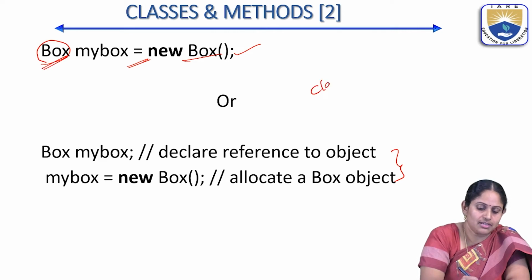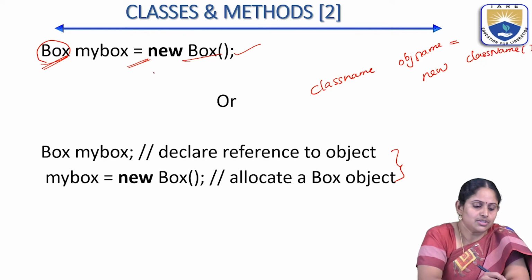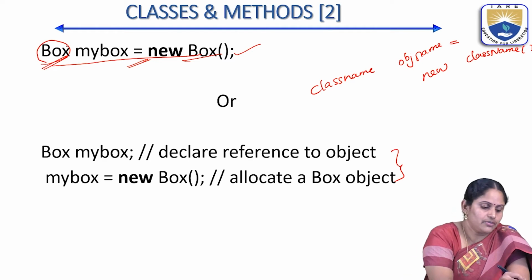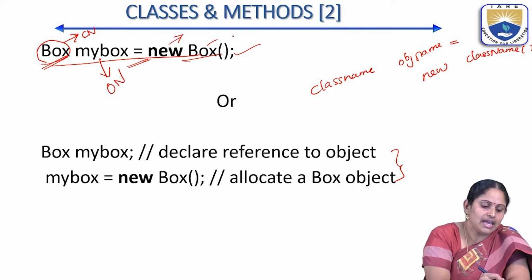So it will be class name, object name is equal to new class name. This is the way by which we define an object. We have to specify the class name, the object name, the new keyword, and the class name followed by parentheses.